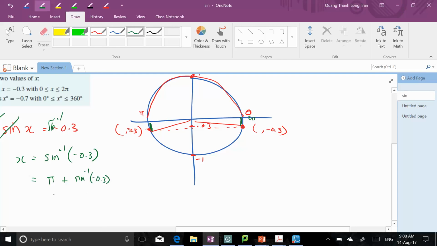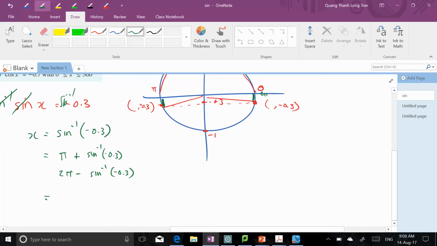Anyone got a calculator? Just quickly solve that for me. What's sine inverse of negative 0.3? Negative 17.45?